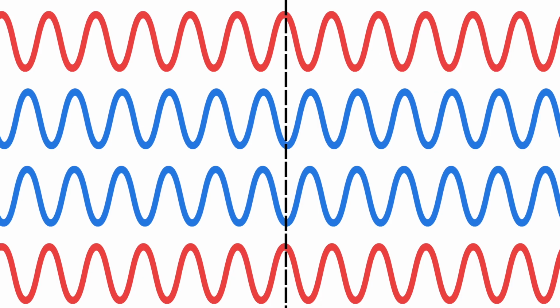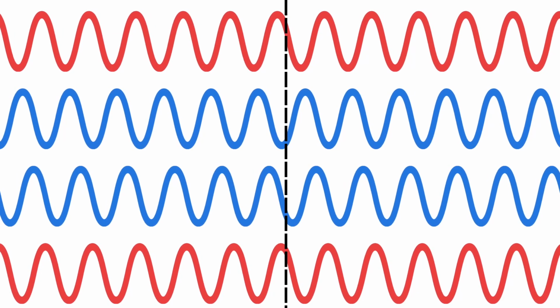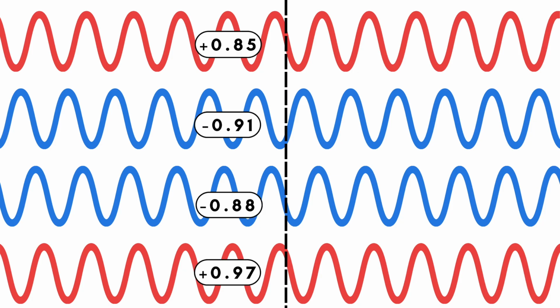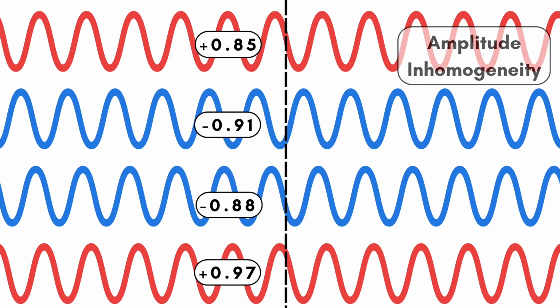But because of the analog nature of the machine, the pulse amplitudes take on continuous values rather than strictly discrete spins. So for example, instead of exactly -1 or +1, we might observe +0.85 and -0.91.